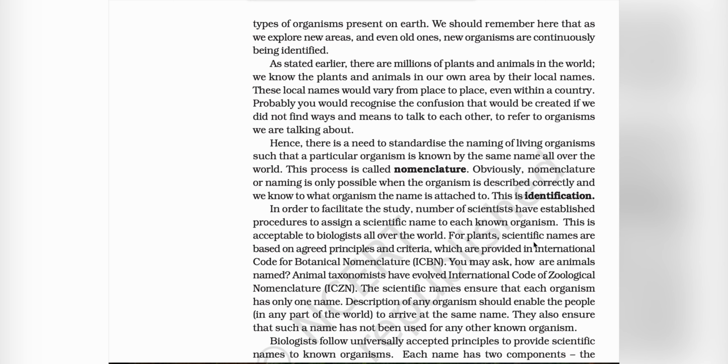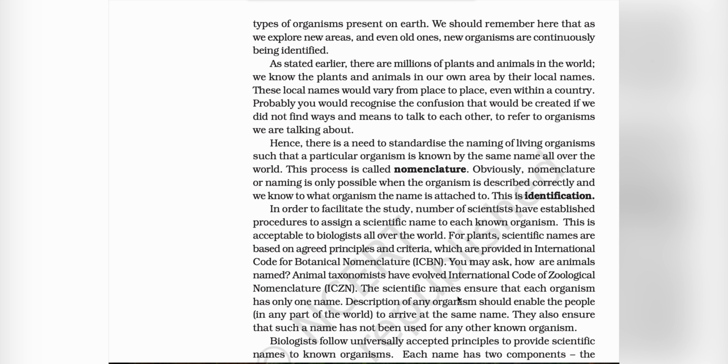For plants, scientific names are based on agreed principles and criteria which are provided in the International Code for Botanical Nomenclature, that is ICBN. You may ask, how are animals named? Animal taxonomists have evolved the International Code of Zoological Nomenclature, that is ICZN.